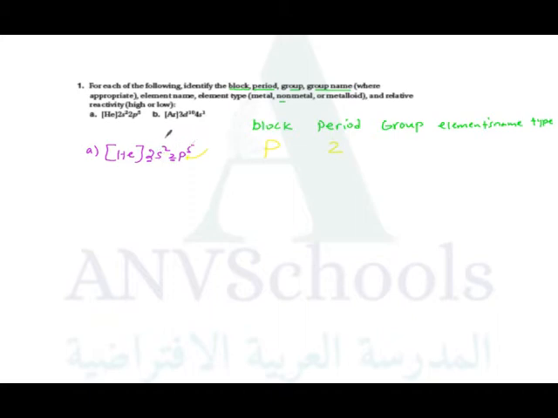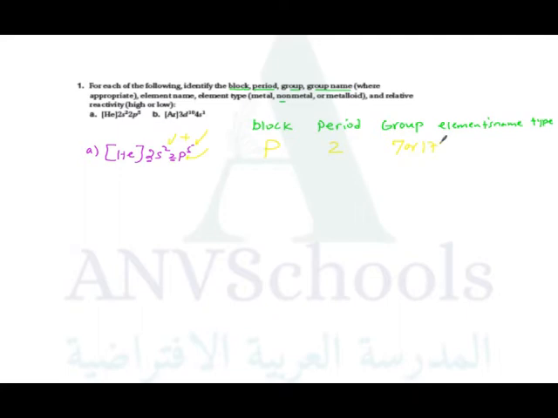We have 2 in the s and 5 in the p, so 2 plus 5 is equal to 7, group 7, or group 17 if we use the transition metal expression. If we skip transition metals and count the representative elements, we have group 7 or 17.